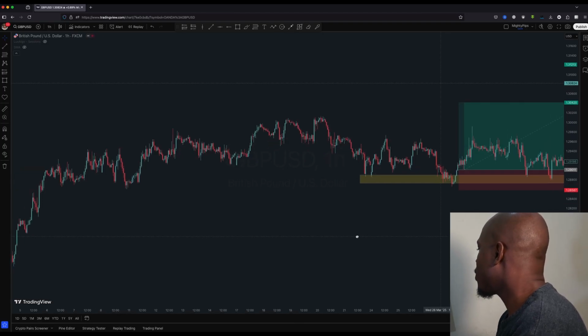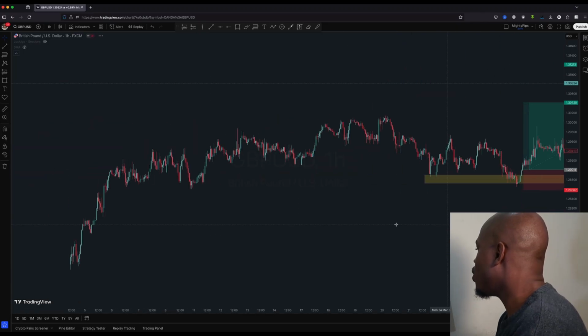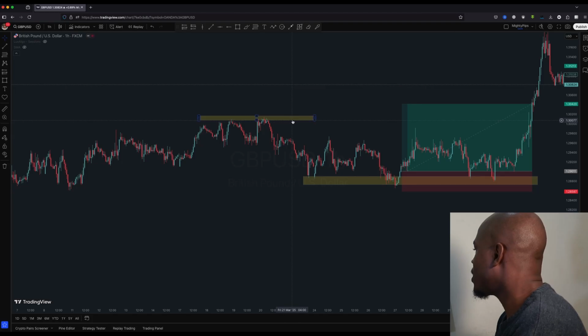Support is an area where the market bounces at least 2 to 3 times, like 1, 2, 3 times, for you to confirm that the market is going to go up. And resistance is the opposite. It is the ceiling. Like this area is the area of resistance right here.